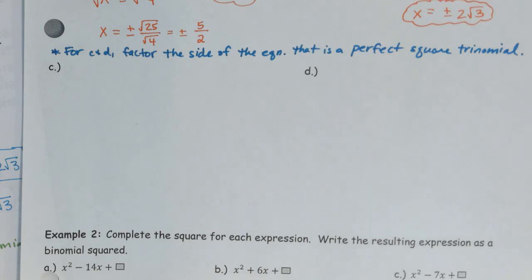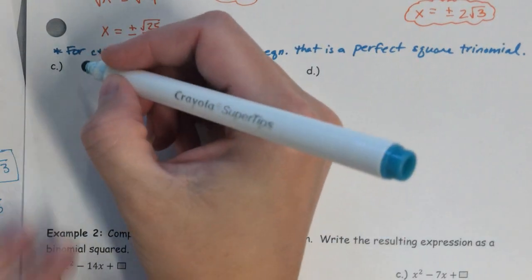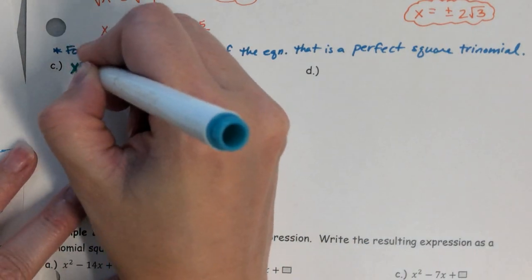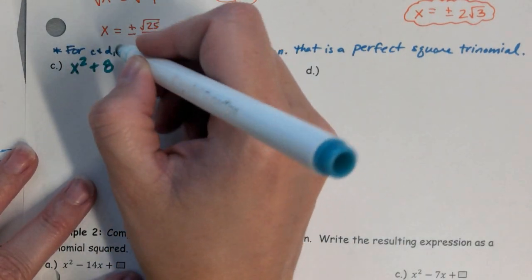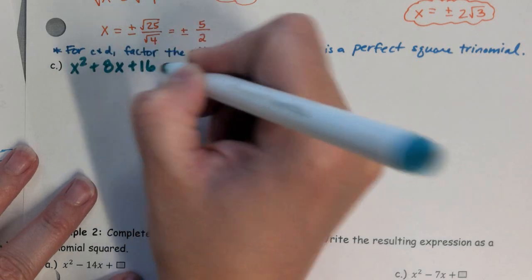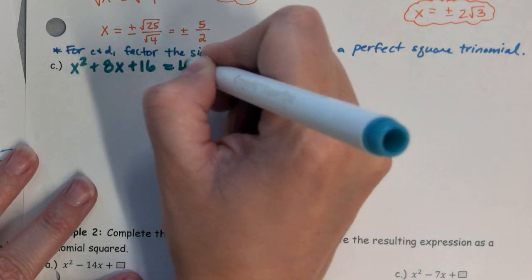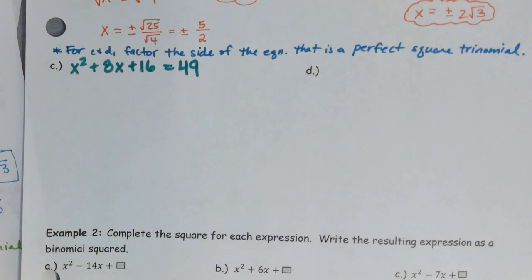So the first one, C, is x squared plus 8x plus 16 equals 49. I want you to factor using the perfect square trinomial pattern that we talked about last week.